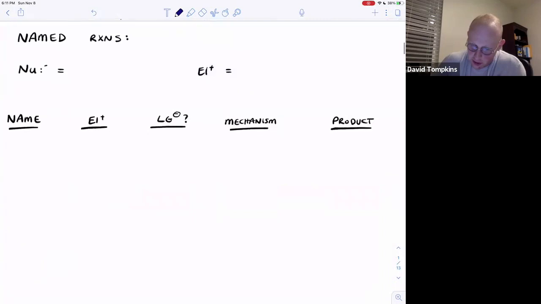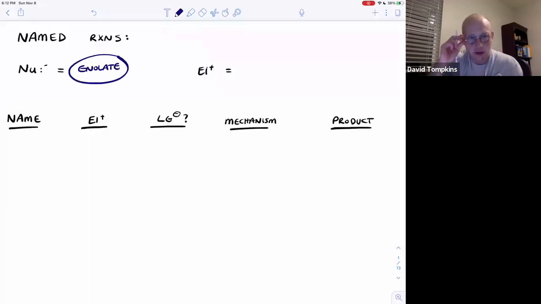But before we do any specific mechanisms, I want to start by just creating a chart to organize your thoughts for the named reactions. And we said that they all involve enolate nucleophiles. So the identity of the nucleophile is not going to be predictive of what the mechanism is or what the product will look like.